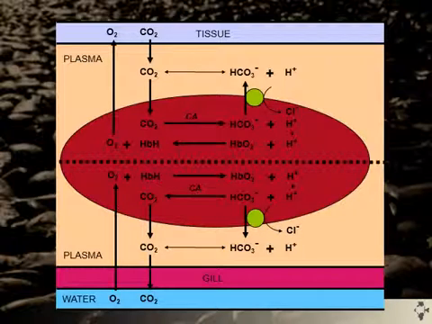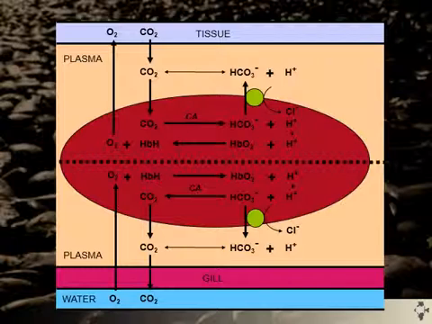Okay, so chemically, this is essentially the process, the means by which oxygen is taken up at the gill and CO2 is released. It's a matter of pushing chemical equilibria back and forth and utilizing concentration gradients to facilitate this exchange of these two gases. One thing I want to point out is that because oxygen becomes immediately bound to the hemoglobin molecule, that keeps the dissolved levels of oxygen in the plasma very low.